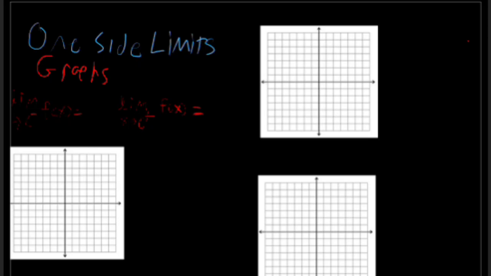Let's have an example graph, and it's a pretty smooth graph, just like a normal function. Let's say we want to find what it is doing when x is approaching 4.5. So the limit as x approaches 4.5 of f of x is equal to, let's see.